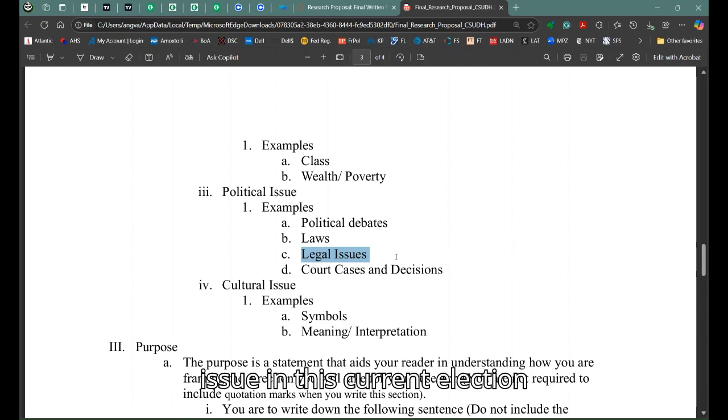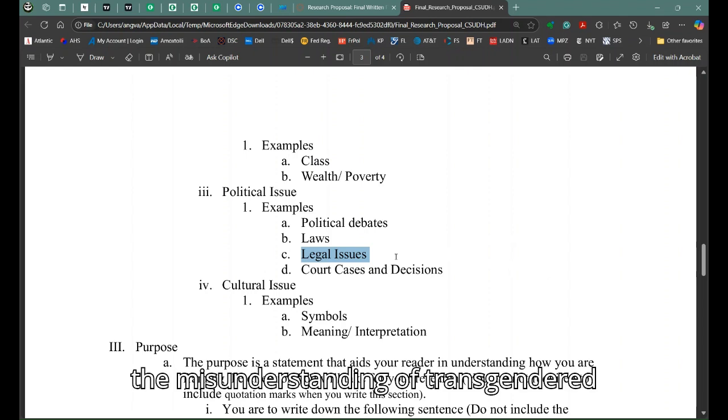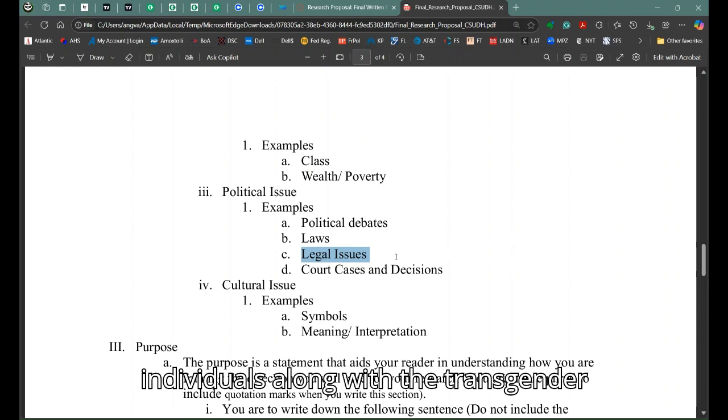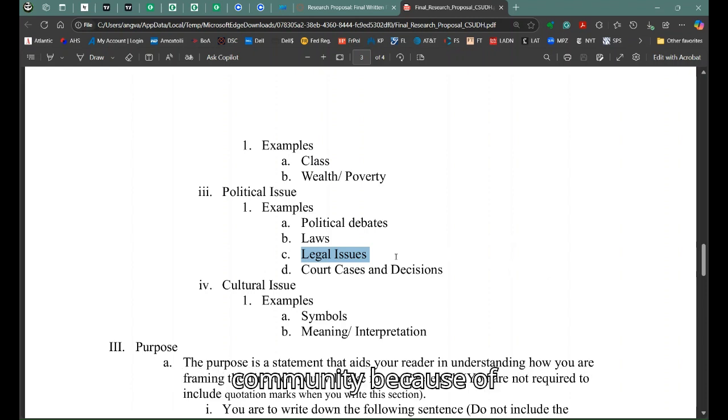It was an issue in this current election cycle, and apparently Trump was able to use the misunderstanding of transgendered identity and the transgender community, because not a lot of people know or have had experience with people who are transgendered.